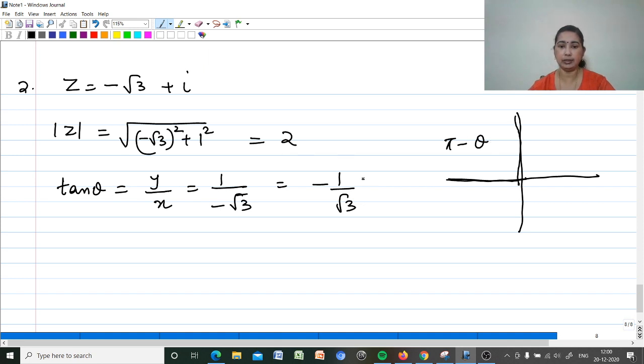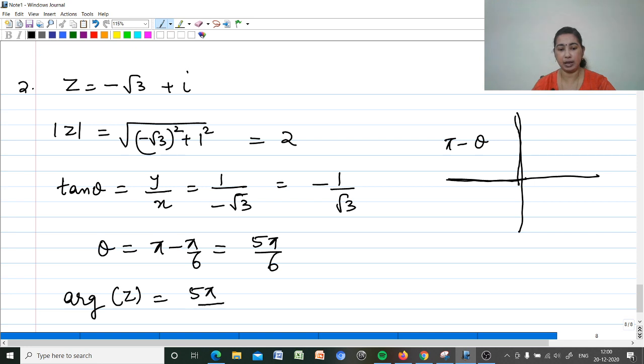Since the angle here is 30 degrees, 30 means pi by 6, we can take theta as pi minus pi by 6, which is equal to 5 pi by 6. So theta is equal to 5 pi by 6, that means argument of z is equal to 5 pi by 6 and modulus of z is equal to 2.